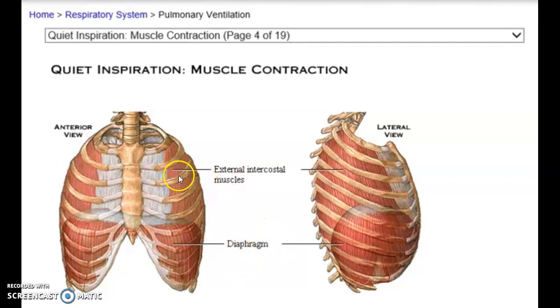When we contract those external intercostal muscles, we get a slight outward movement of the whole thoracic area, and our diaphragm drops. The movement out and the dropping of the diaphragm increases the space on the inside. Therefore, it increases the size of the lungs, since the pleural membrane is adhering to both of them.